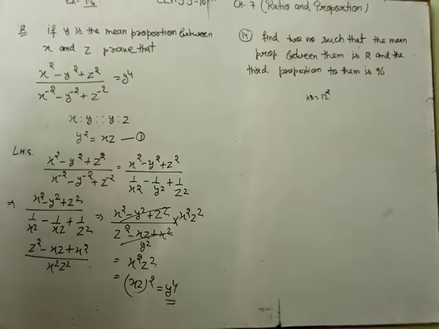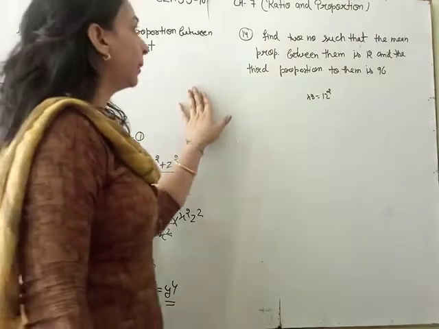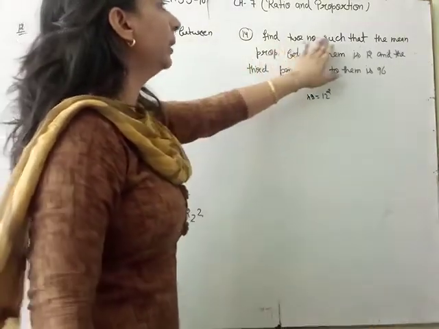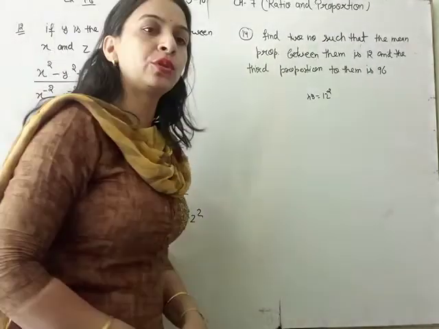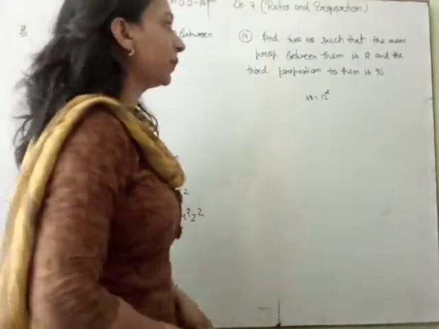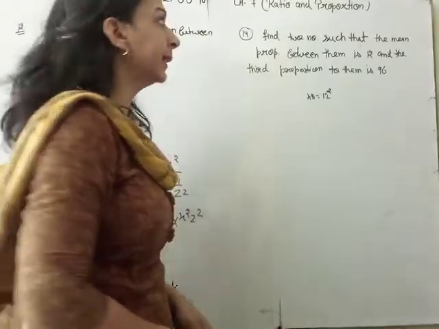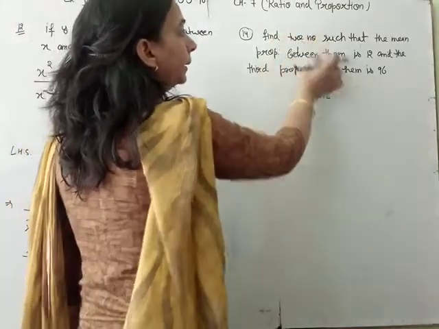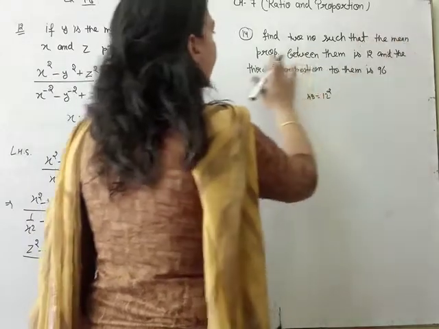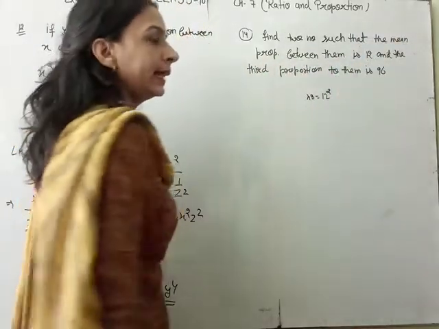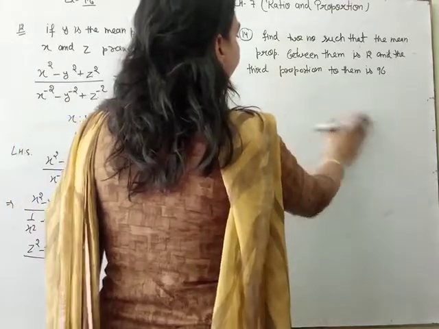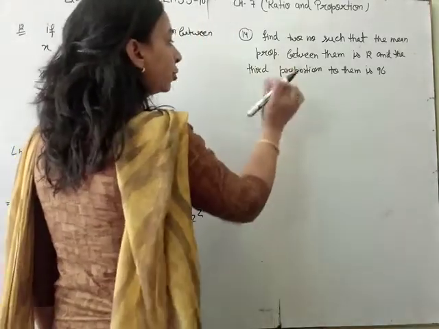Okay. The next question, question number 14. Find two numbers such that the mean proportion between them is 12 and the third proportion to them is 96. Find two numbers. First condition is mean proportion between them is 12 and the third proportion is 96. So first we take two numbers.